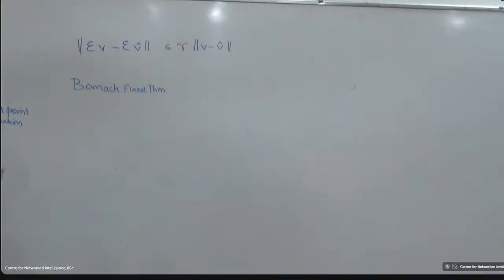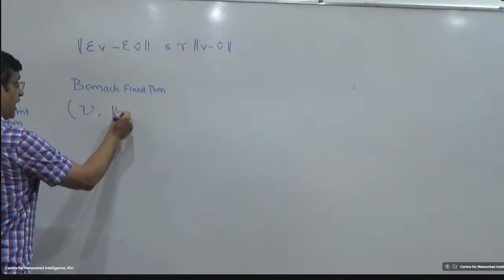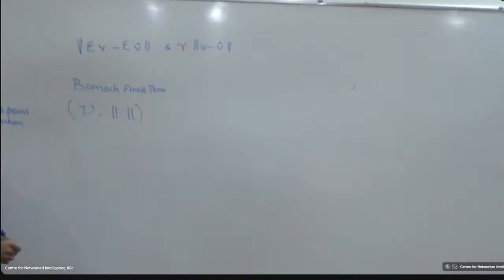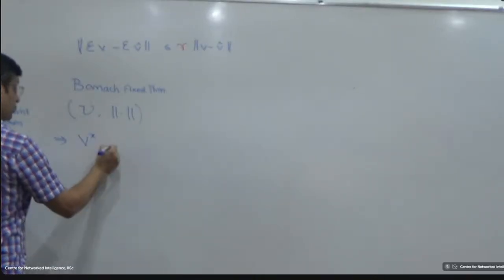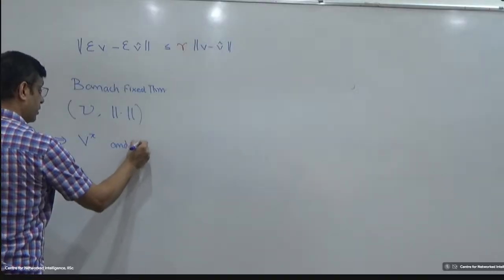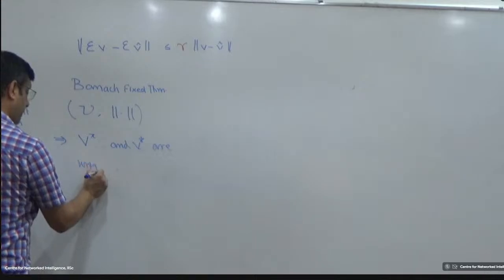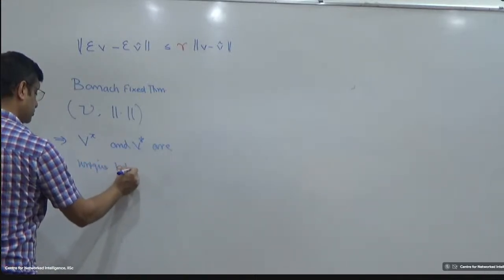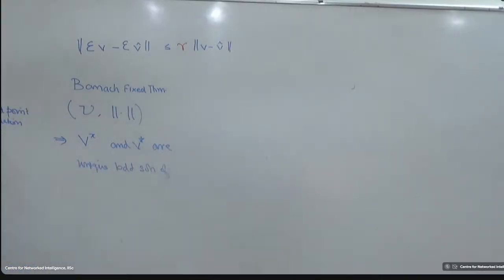So, we are going to take the metric space to be the space of value functions and the metric to be the sup norm, and I know in this space I have a contraction. Therefore, this will imply that both these equations, V pi and V star, have unique bounded solutions. Let's call these equations A and B.